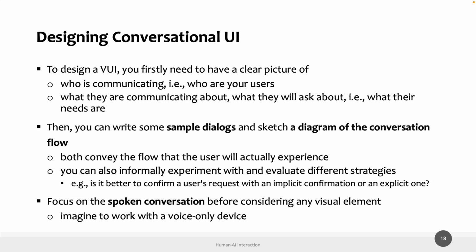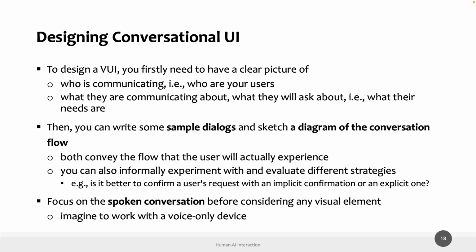And according to this big picture, you can start to select, for example, the language, the available commands, and the words needed to communicate these commands. Then you can start writing some sample dialogues and maybe sketch a diagram of the conversational flow. This is important to design the flow that the user will actually experience, and also to delineate the capability of the system.